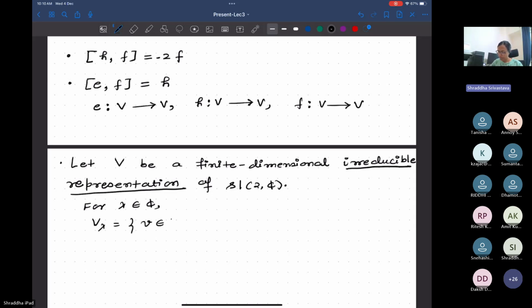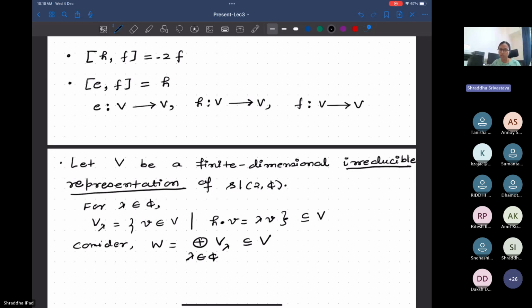V lambda is all those v in V such that H dot v, meaning you apply H to v, is lambda times v, where lambda is your fixed scalar in the complex numbers, and this is a subspace of V. It could be zero. So I'm going to consider W, which is going to be the direct sum of all V lambda, lambda belonging to C. This is contained inside V. I'm not saying it is equal.